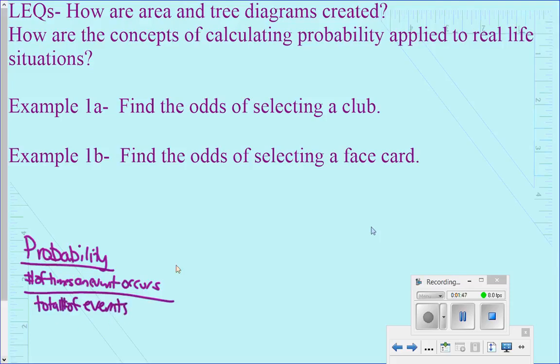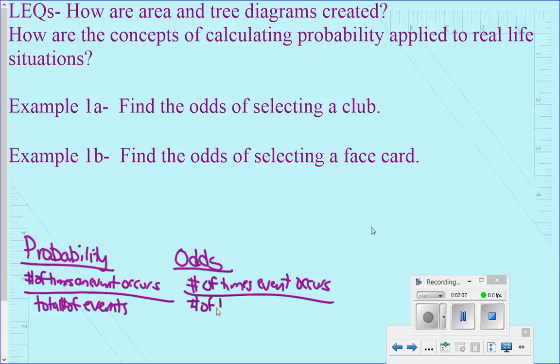So odds is also defined as the number of times the event occurs in the numerator, but the denominator is what makes odds different than probability. The denominator is the number of times the event does not occur.